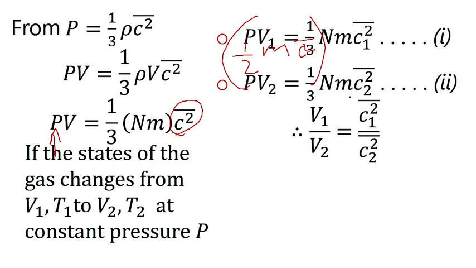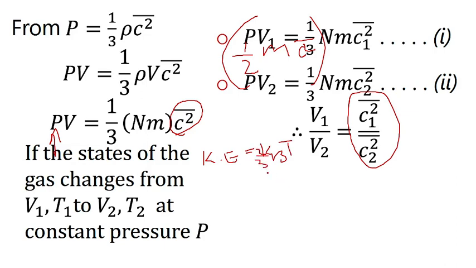Charles does not have mean square speed. Charles has absolute temperature. So we need to introduce the concept of absolute temperature using mean square speed. If you remember, when we're dealing with the Boltzmann's constant, the kinetic energy is equal to 3 over 2 kBT.